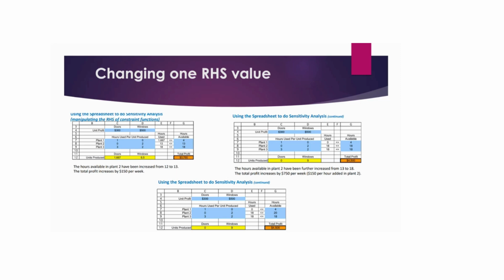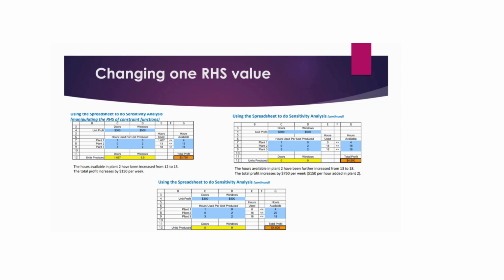Now it's been increased to 13 hours. And the total profit increases by $150 per week. So the original total profit, when it was 12 hours in Plant 2, was 3,600. Increasing Plant 2 by 1 hour gives an additional profit of $150 per week.